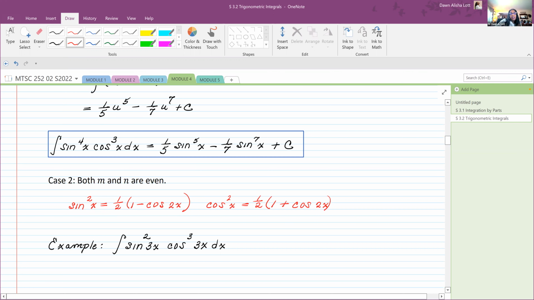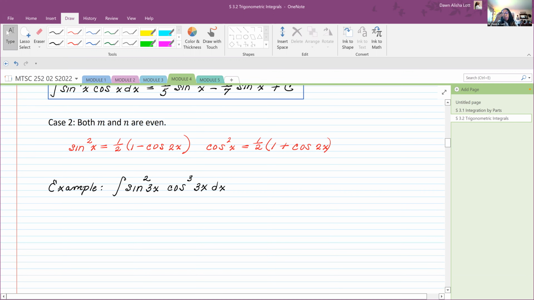Now, the reason why this is so difficult is because I need to do the double angle formula. So sine squared of 3x becomes 1/2. Oh, this is supposed to be a 4. Otherwise, the problem is easy.